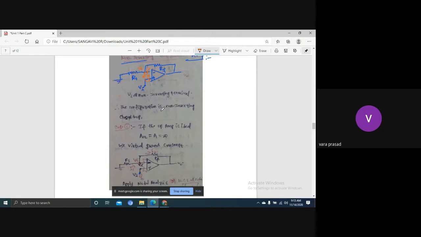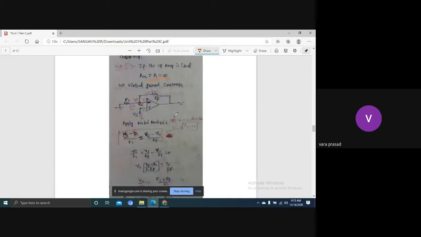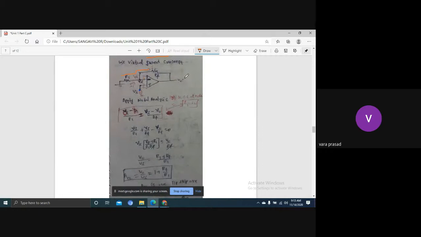When virtual ground applies, that's why open loop gain is infinity. Now here Vi is there, here also Vi. The current inside this will be zero, so the total current can flow in this direction only. Now nodal analysis, you have to remember from networks.